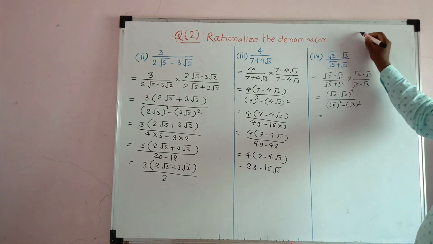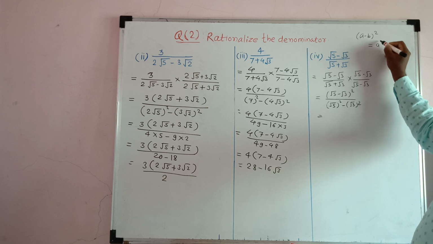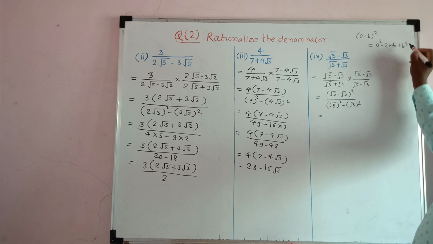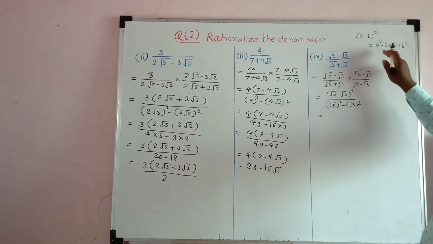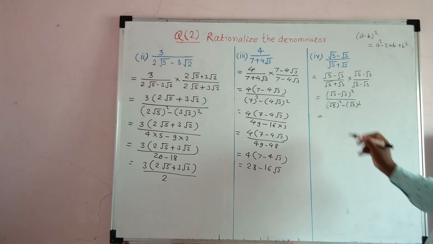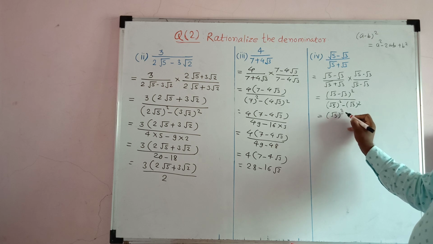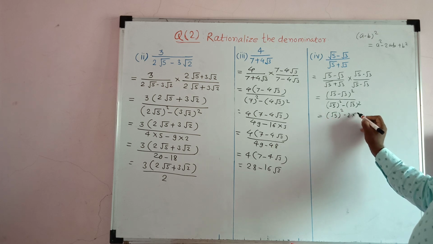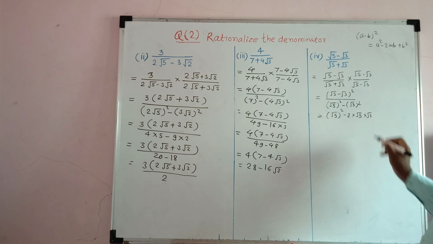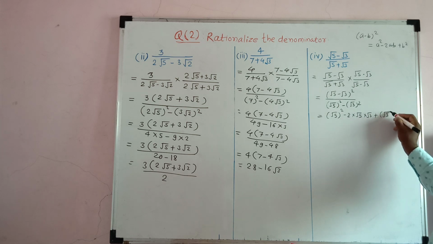This is the expansion of (a minus b) whole square, and this expansion is a square minus 2ab plus b square, that is the first term square minus 2 into first term into second term plus second term square, that is the first term √5 square minus 2 into first term √5 into second term √3 plus second term square, √3 square.